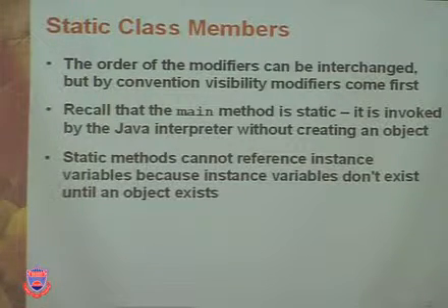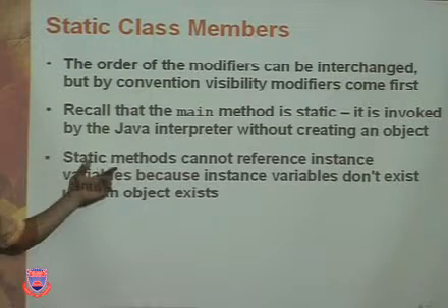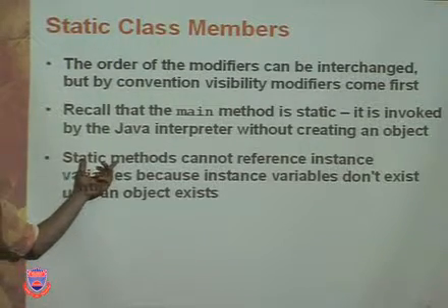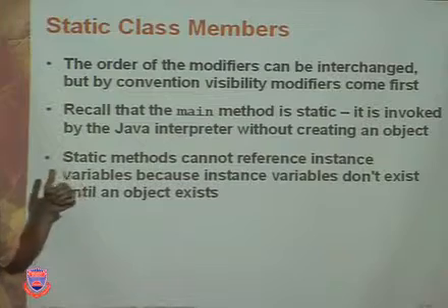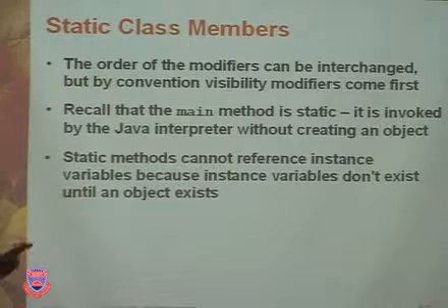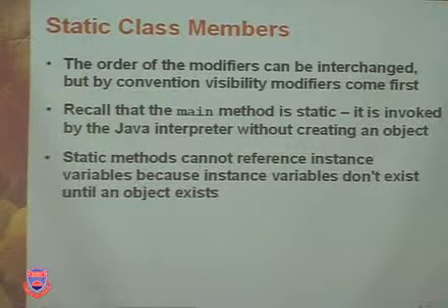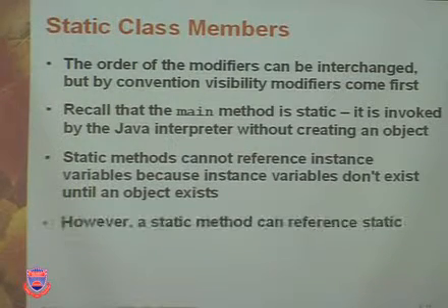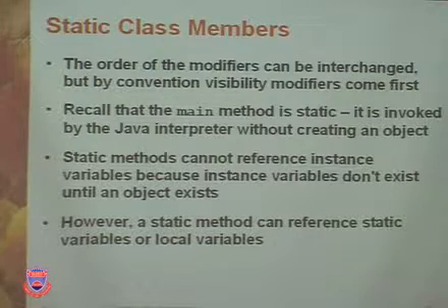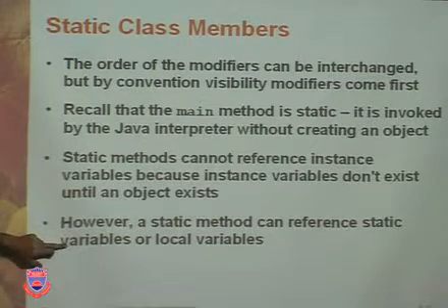They are part of the class. So you should never use a variable that is not a static or a local variable. You always need to use a static variable or a local variable in a static method. You cannot use instance variables. I will explain it more precisely in the coming slide. However, you can use, again, a static variable or a local variable in your implementation.